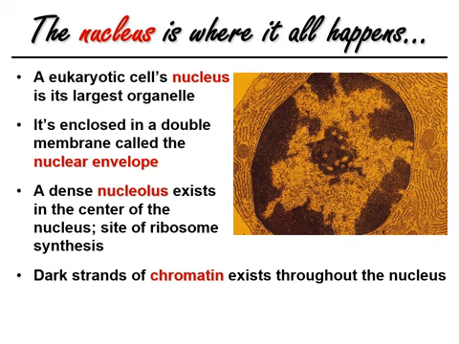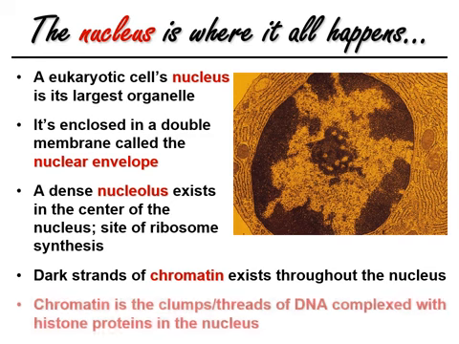In this focal plane, you've got a bunch of it here, here, here, and then the middle. Those strands of chromatin are basically DNA wrapped around histone proteins, so condensed DNA. Not fully condensed into the characteristic X shape, we haven't gotten there yet, but certainly condensed down so that you can fit all of that DNA into the nucleus.